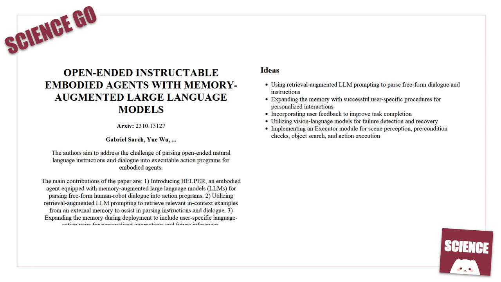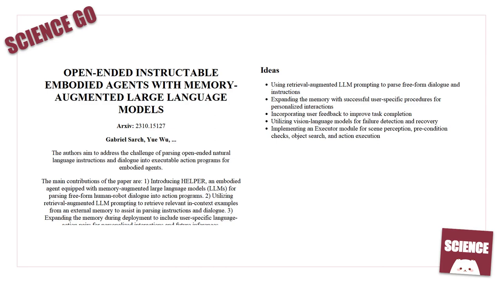The paper Open-Ended Instructable Embodied Agents with Memory-Augmented Large Language Models introduces a new approach to help robots understand and follow human instructions. The authors have created an embodied agent called Helper, which uses a special type of computer program called a large language model to understand and execute instructions.